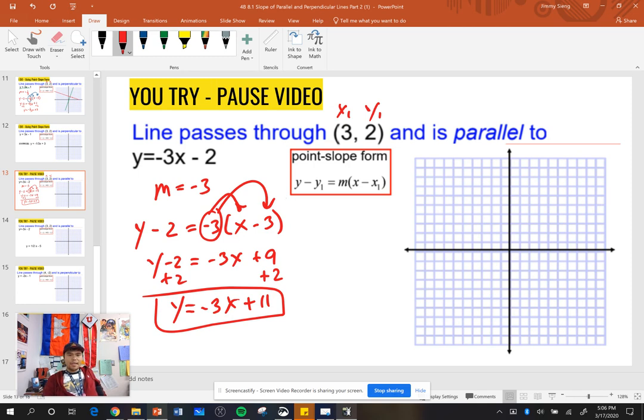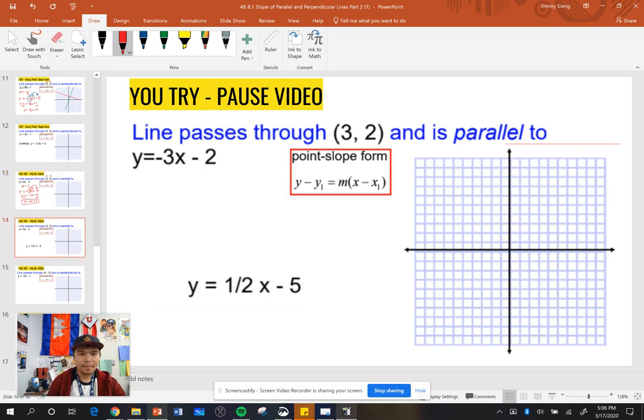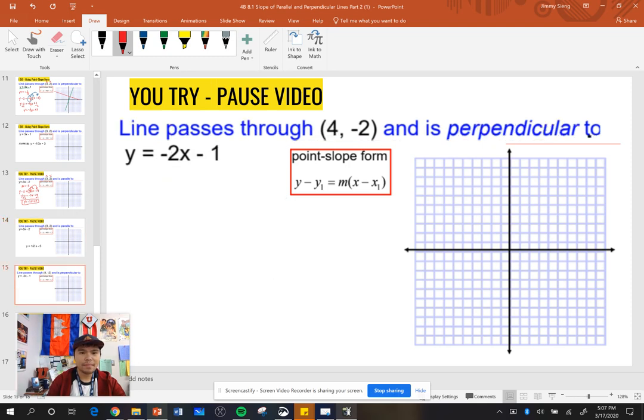That for sure looks like the correct answer. I don't see anything else going on there, but that's fine. So your answer for this one, the parallel line that passes through (3, 2), should be y equals negative 3x plus 11. Sound good? I don't know where 1/2 came from. Doesn't make sense. All right, try this next one.